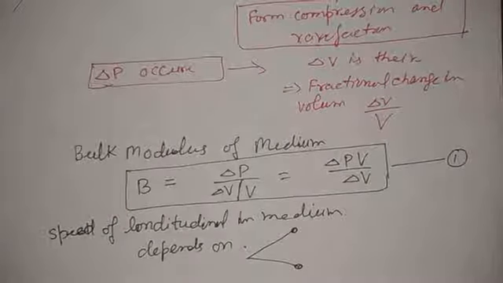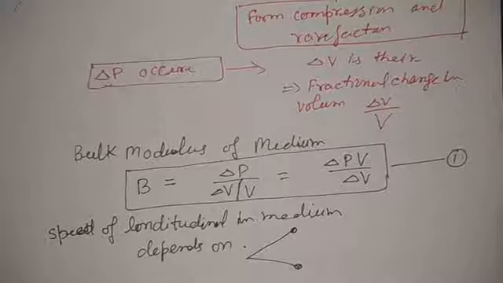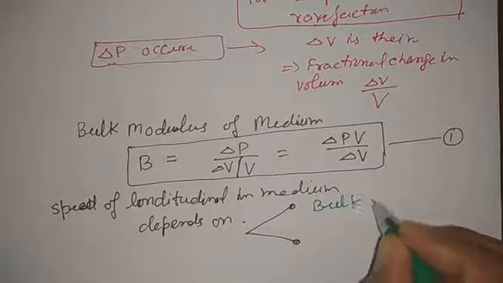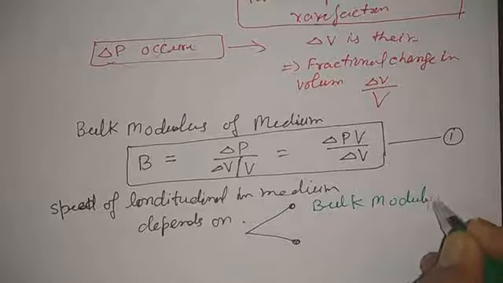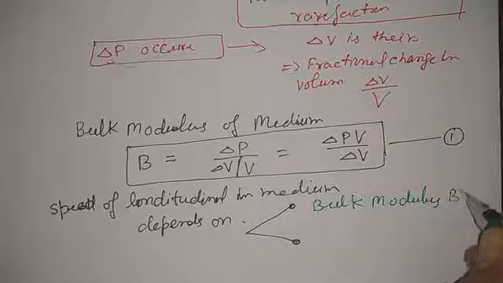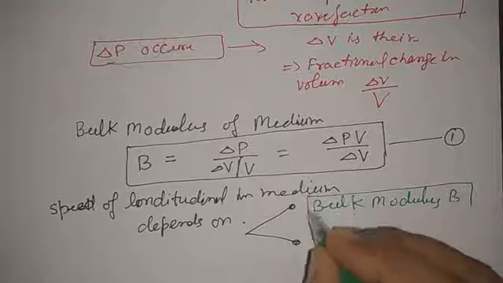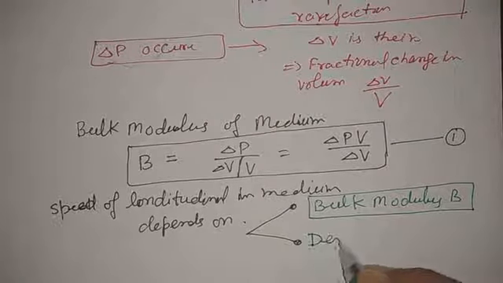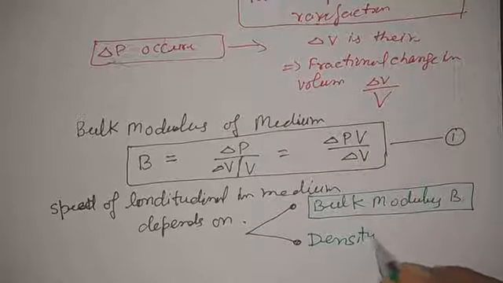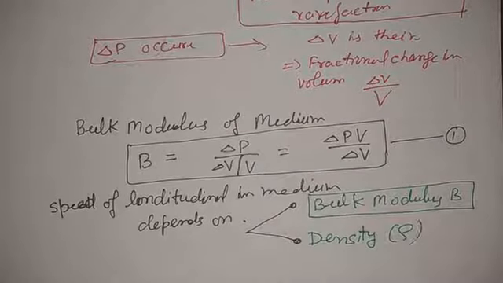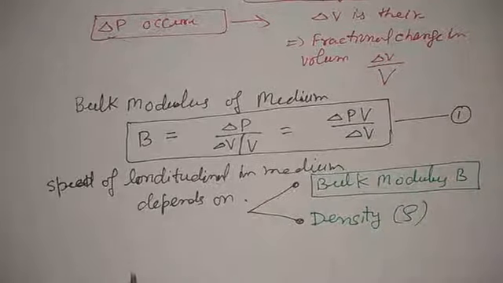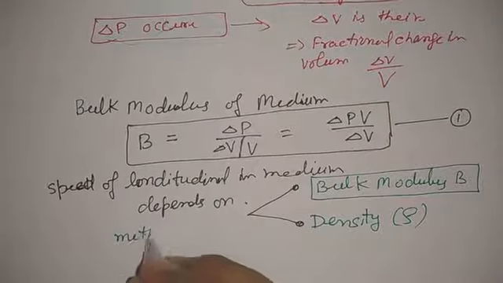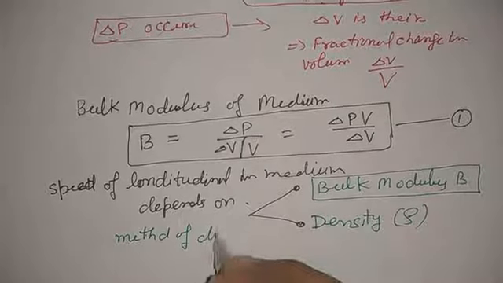Here are the two factors on which this velocity depends: first, the bulk modulus capital B, and second, the density rho of the medium. And this relation is established by the method of dimensions.